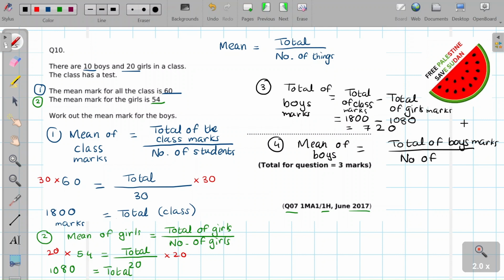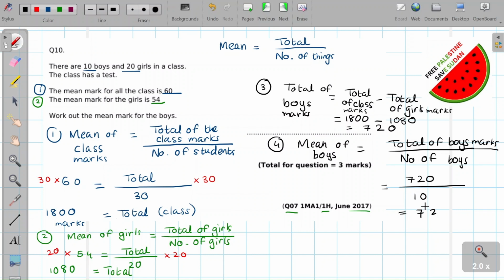There's a lot, you might be confused. Number of boys. So the mean of boys would be total of boys marks. How many marks were there? The total of the boys marks was 720. Number of boys was 10. So the mean will be 72.